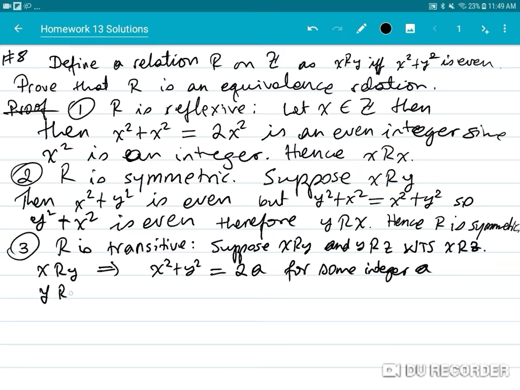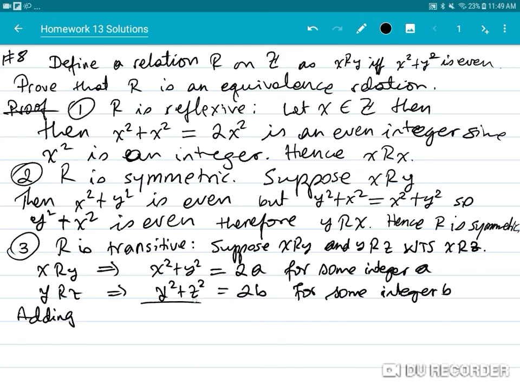What does y related to z mean? That means y squared plus z squared is twice b for some integer b. So, what does this mean? Well, let's add these, okay? If we add all of these, we get x squared plus 2y squared plus z squared. On the right side, if we add those two, we get 2a plus 2b.